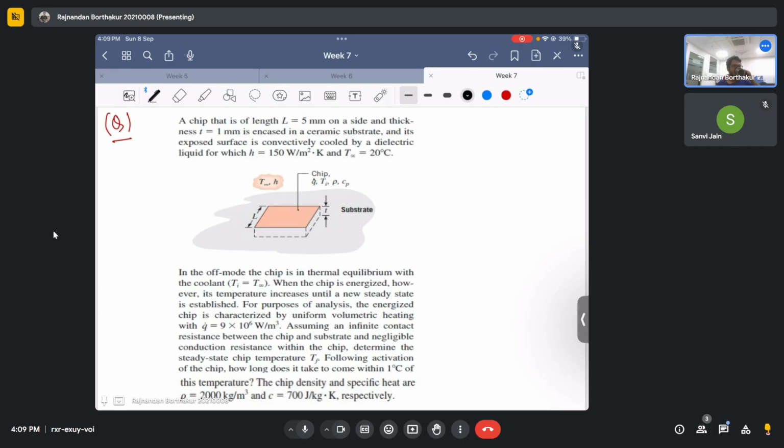Okay, so let's do this problem. This will be the last problem that we'll do, but it's an important problem.